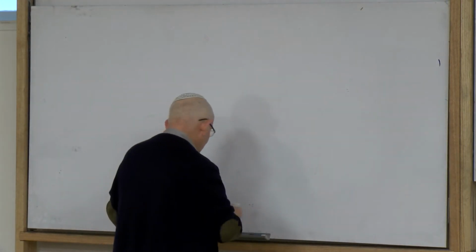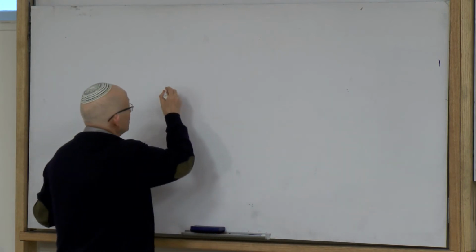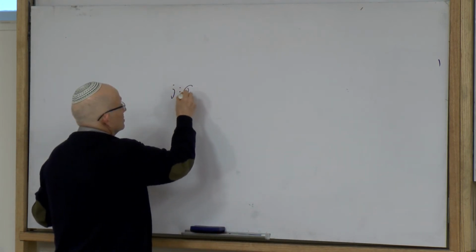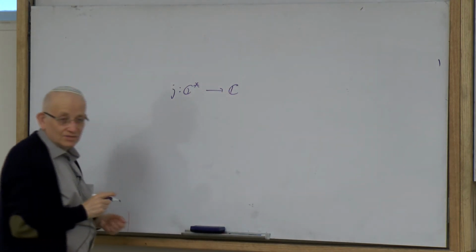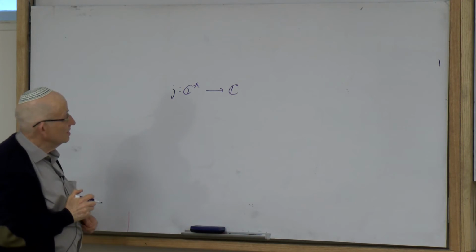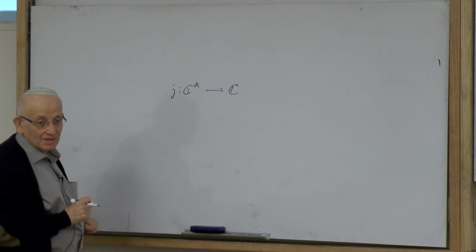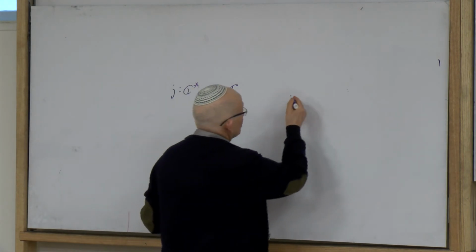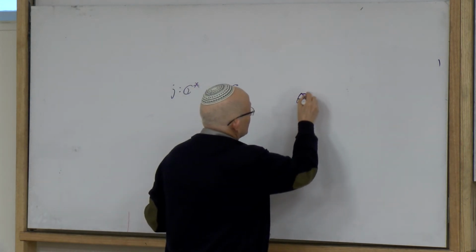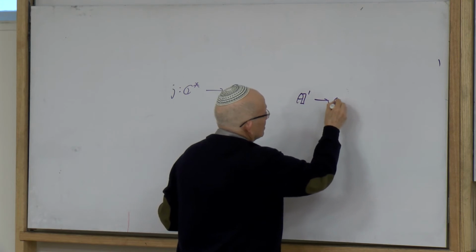The simplest example which we consider is just j from C star to C, the open embedding of C star, and I would like to describe what's going on in this case, or I prefer to write it as A1 star to A1.